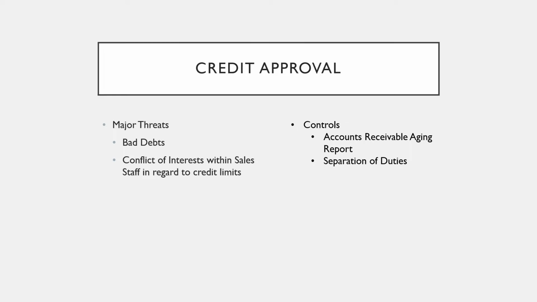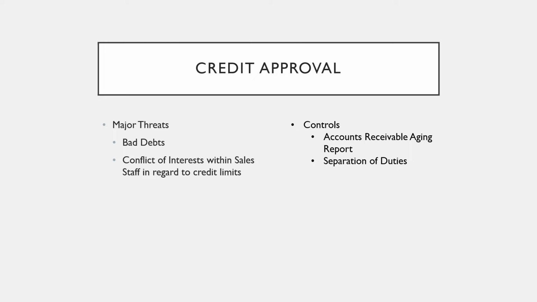One of them is the accounts receivable aging report. Basically, the accountant would sit down and go through the customer database, and it will show how long a customer has been with the store. It will show what their current credit limit is.